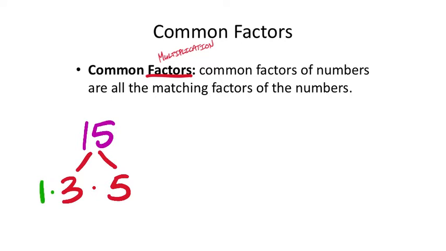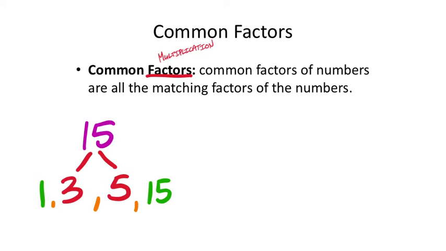You could even extend that and say, well, 1 and 15 are as well. Yeah, sure, because 1 times 15 would give you 15 as well. Okay? So maybe I should put commas between those and not multiplication. There we go. So 1, 3, 5, and 15 are all considered factors of 15.